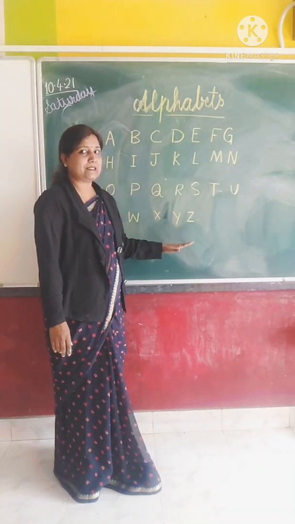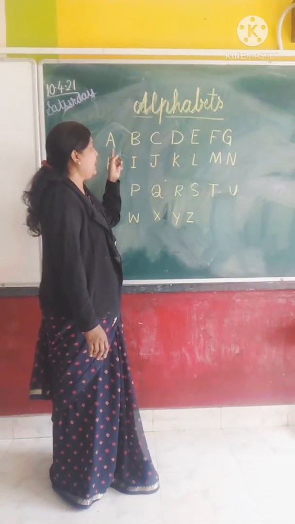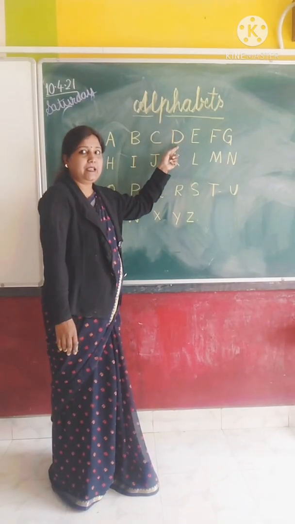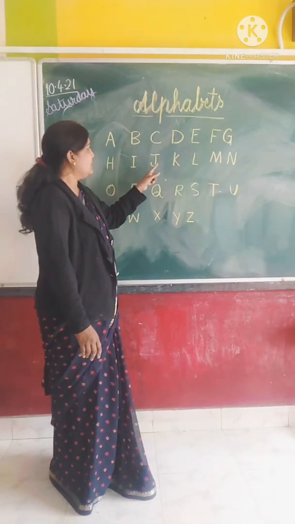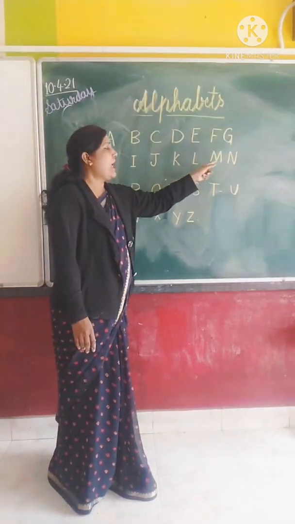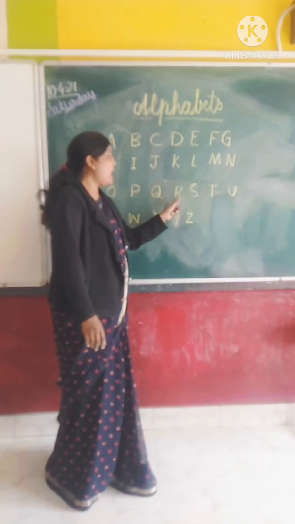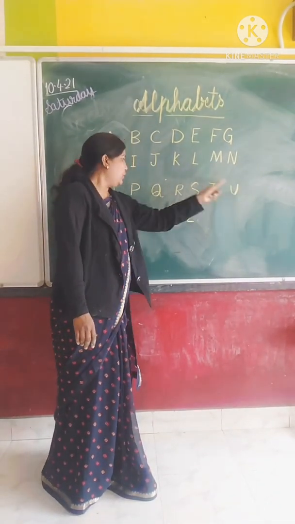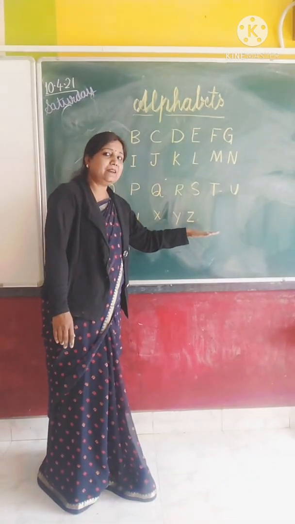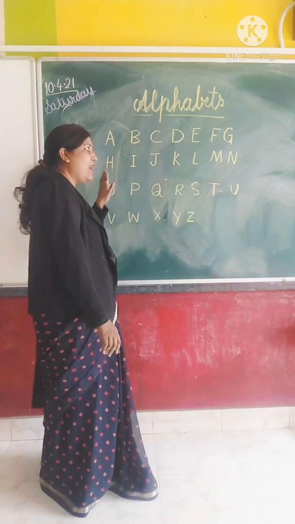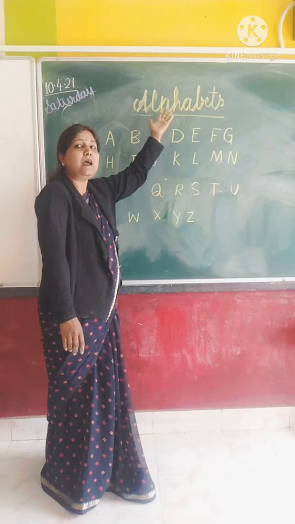Okay, there are 26 letters in English alphabet, and these are A, B, C, D, E, F, G, H, I, J, K, L, M, N, O, P, Q, R, S, T, U, V, W, X, Y, and Z. So these are 26 letters of English alphabet.